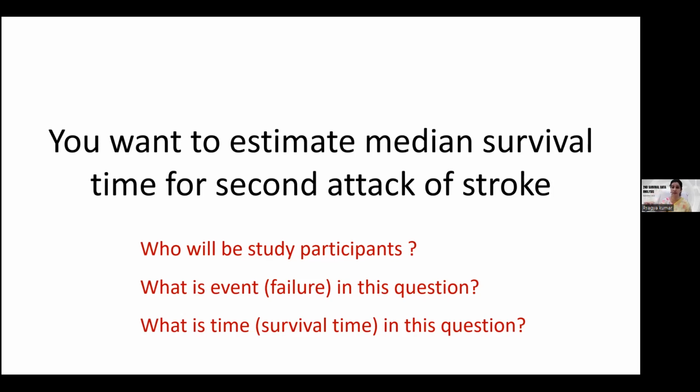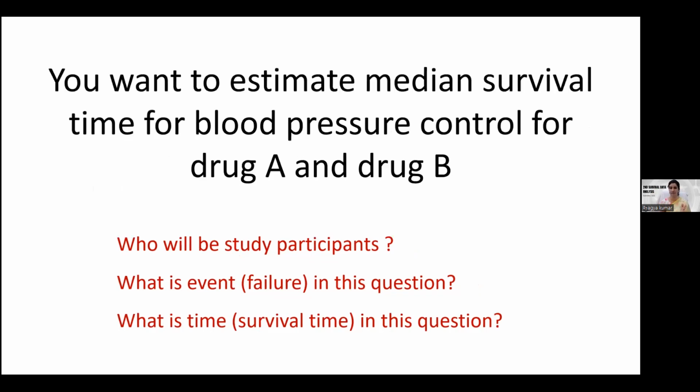Who failed this event, that means failure of this event will be the survival. So this survival will be those individuals who had the first stroke and did not have the second stroke. That will be your survival time.